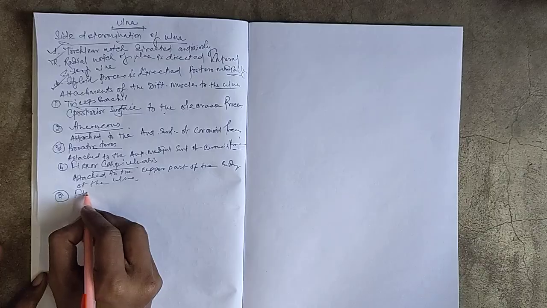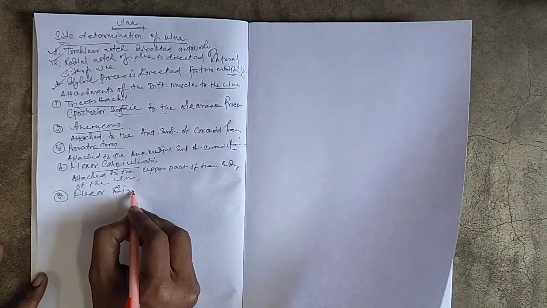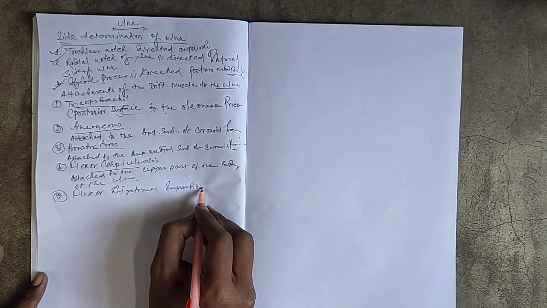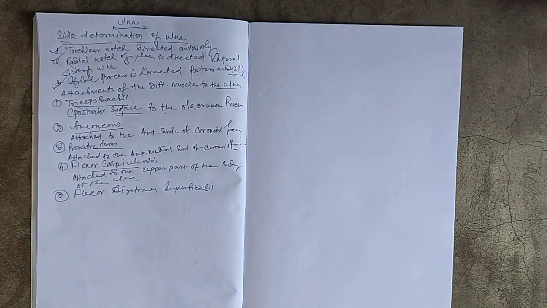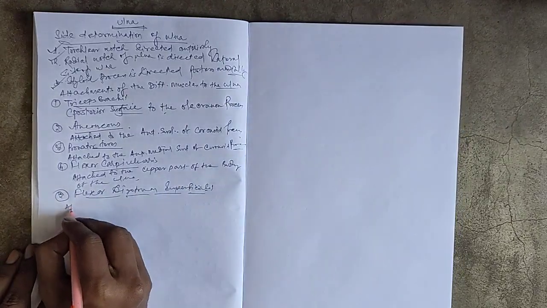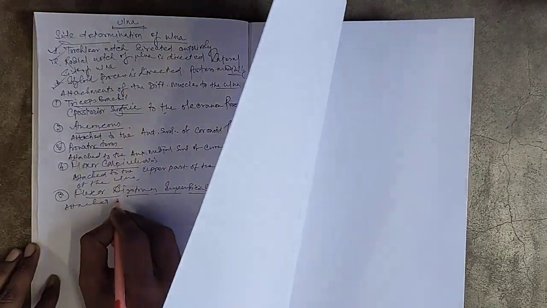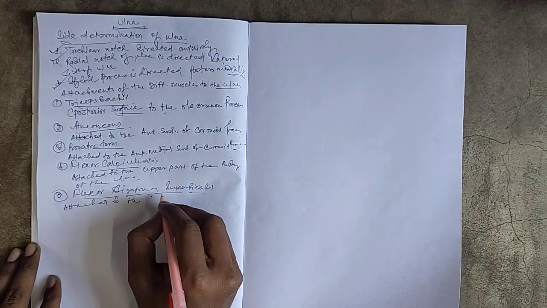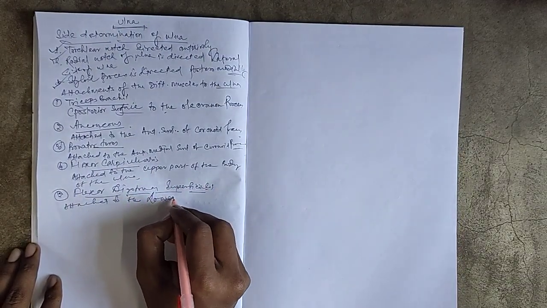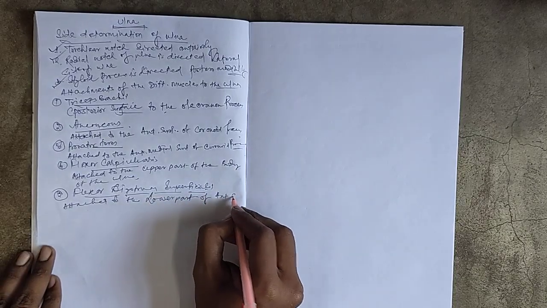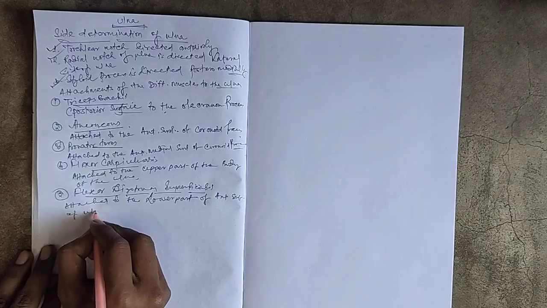Number 5, the flexor digitorum superficialis is attached to the lower part of the anterior surface of the ulna.